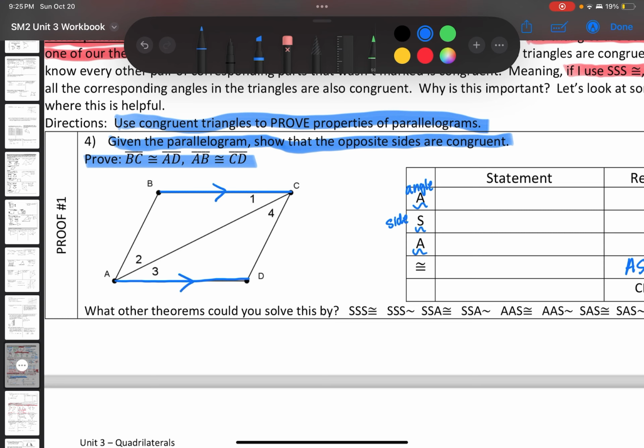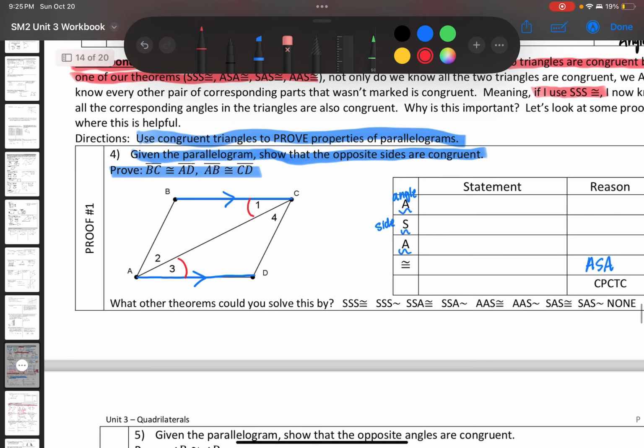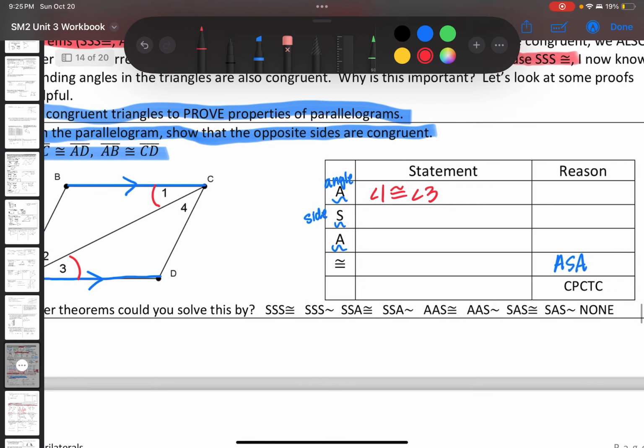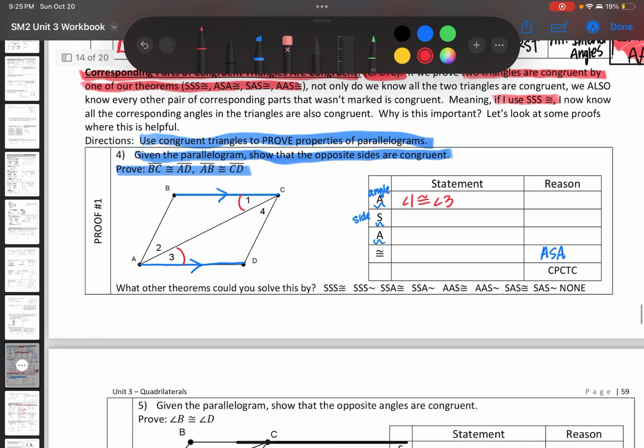Remember what we talked about? If I know that two lines are parallel, I've got some alternate interior angles. The angles that are opposite of each other are the same. So angle 1 and angle 3 are congruent, because they are alternate interior angles.